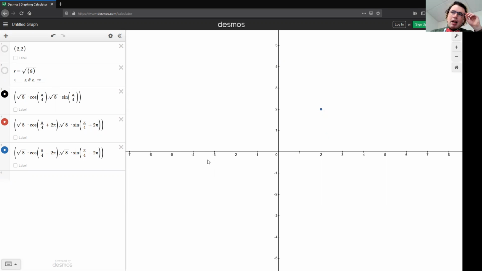So that is how we can find the addresses for coordinates using the polar system. The reason we call it the polar system is because we can imagine this line, let's say, pointing from the origin to the point that we want.